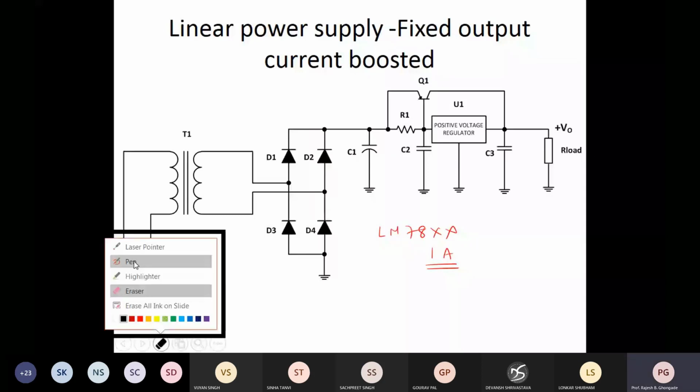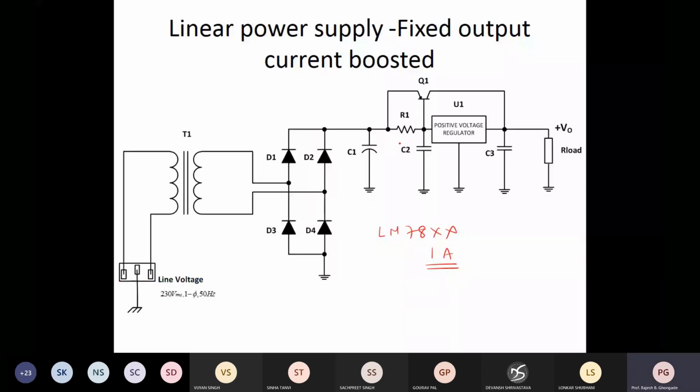Now you can see a very simple thing over here: this transistor, remember, is a PNP transistor. So the current flow direction is like this. Now I can make sure that this particular resistor R1 is such that in normal working conditions, for example, I want to share the load after 1 ampere. 1 ampere is fine.